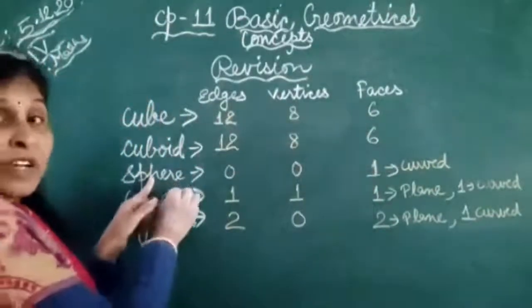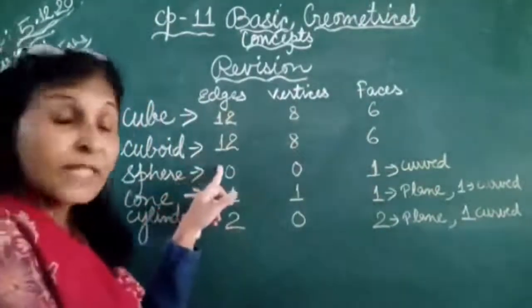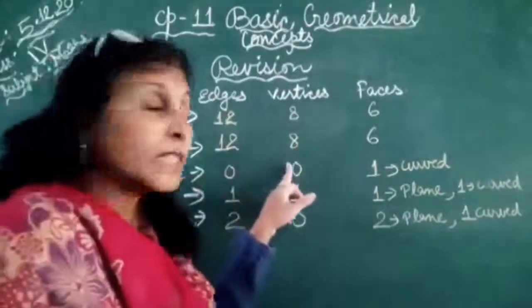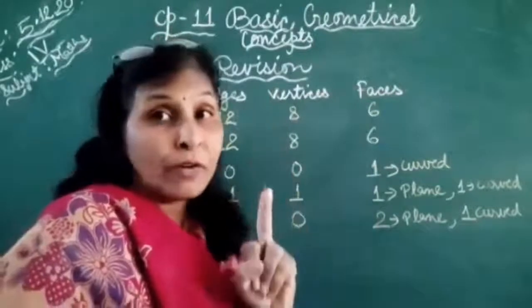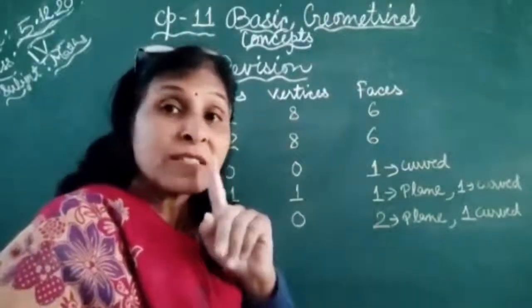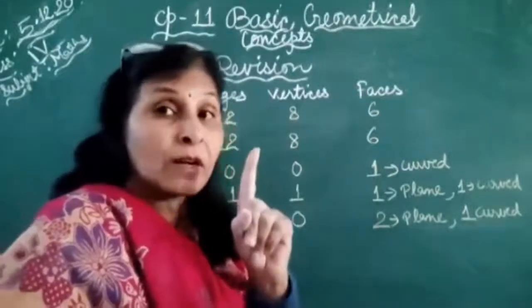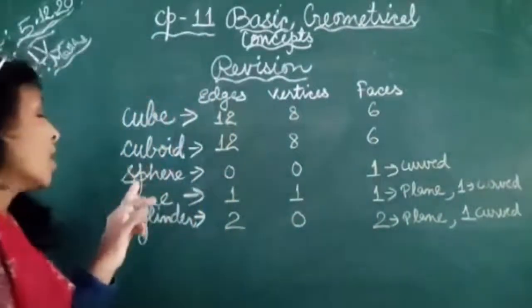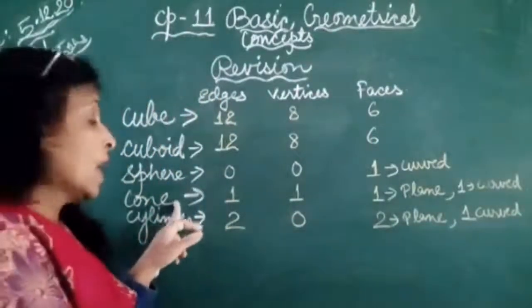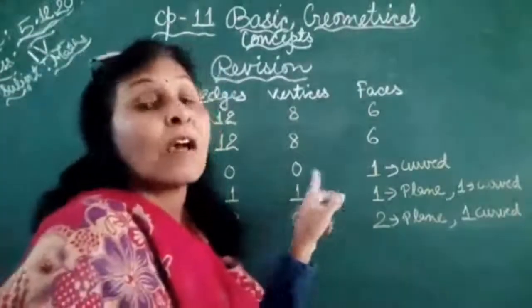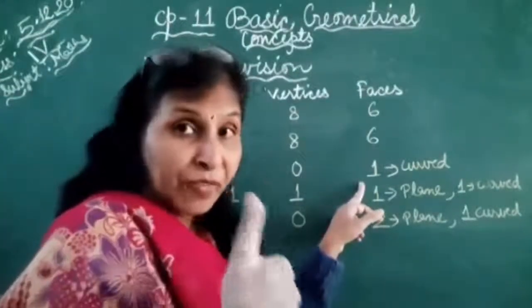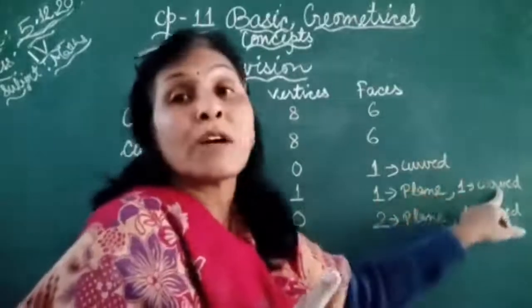And in sphere, that is 0 edges, 0 vertices and in faces, 1 curved face. Plane face is 0, but only 1 curved face in a sphere. Now next is cone. In cone, 1 edge, 1 vertex, 1 plane face and 1 curved face.